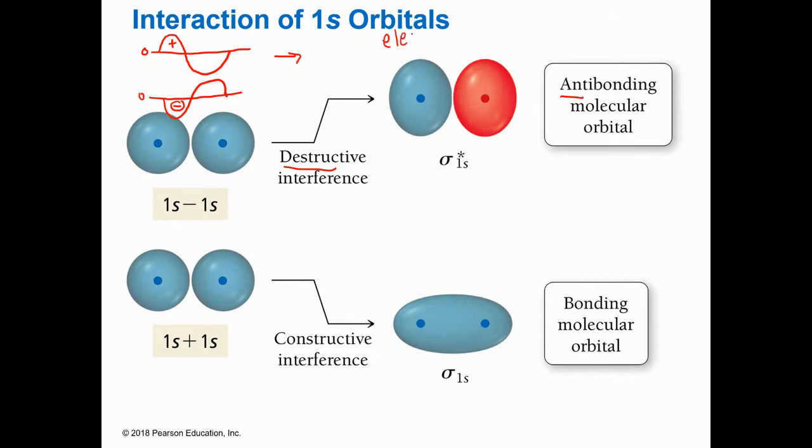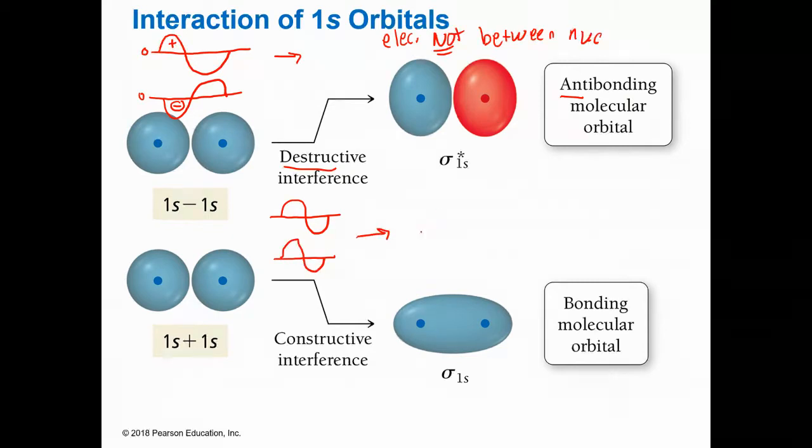So the electrons are not between the nuclei. With constructive, that's when their waves are in sync. So I'd have one that's doing this, another one is doing this, and they're going to come together and form this kind of ovalish shape where you do get the electrons between the nuclei.